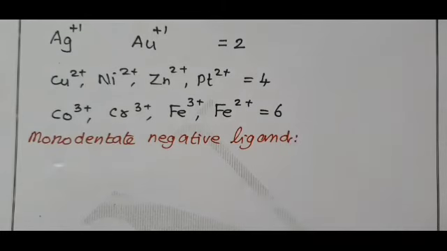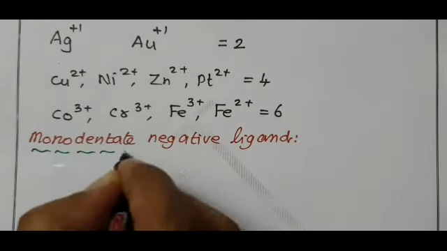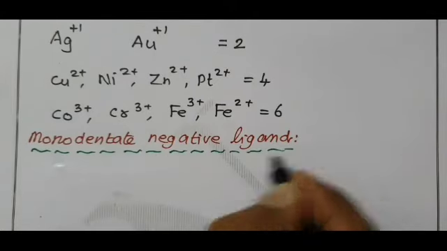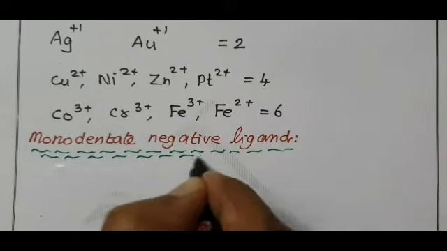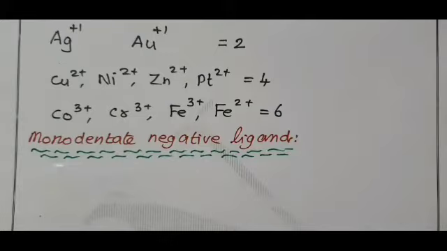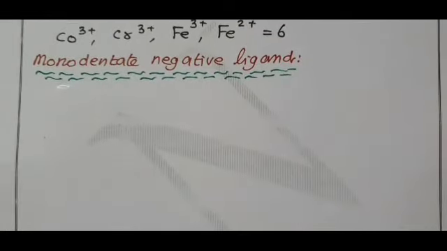All the ion names we know, but here we should know the ligand names to give the IUPAC name of the complex. Monodentate negative ligands, what are they? All of you know them as ions. Now I am going to give the ligand names.